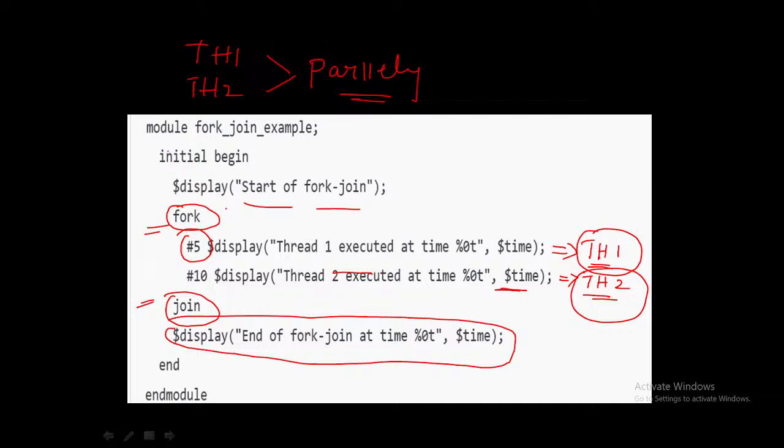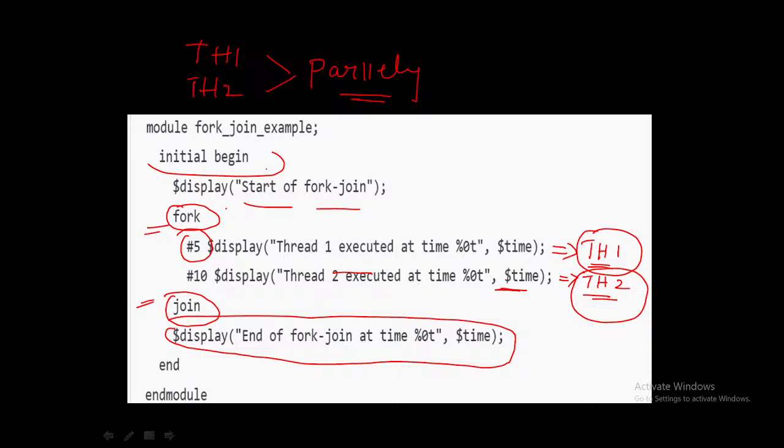Since these are declared inside this initial block, which is a procedural block, the first statement will be executed, then the next statement will be executed, in a sequential manner. But since you are using a fork join block, the two statements will get executed parallelly at the same time.